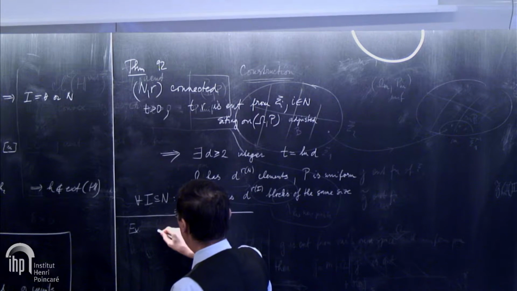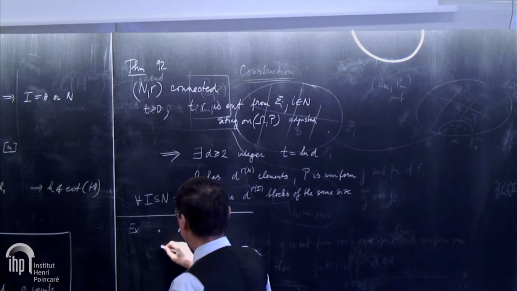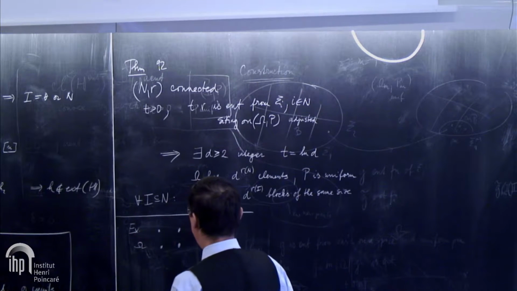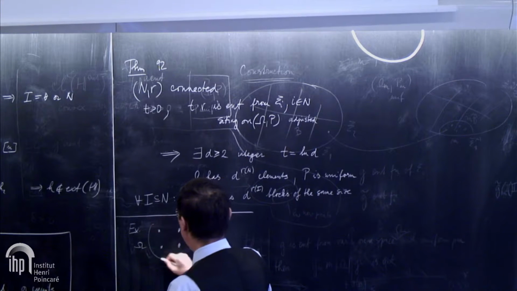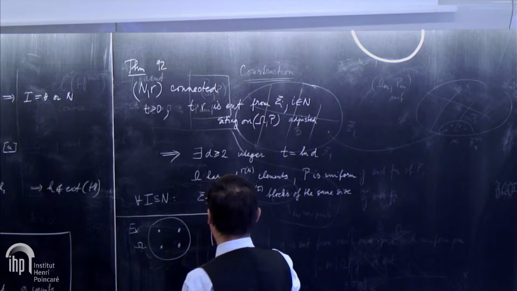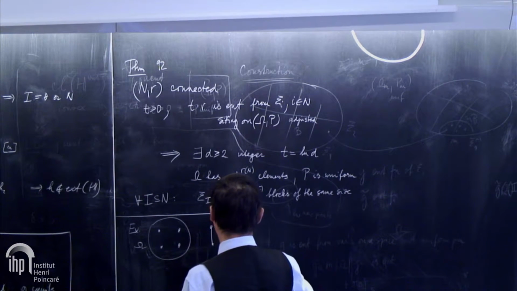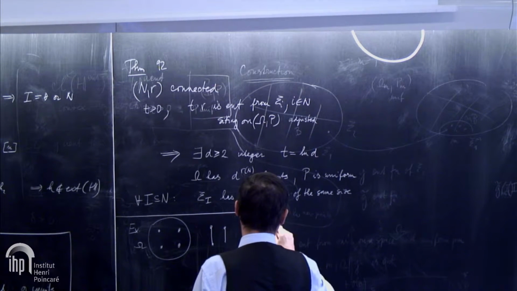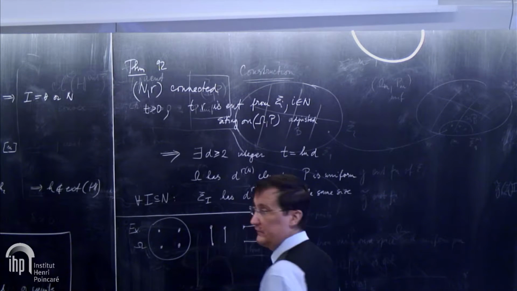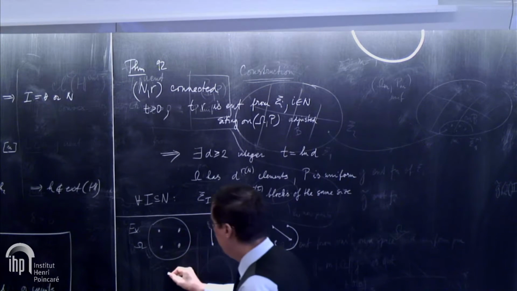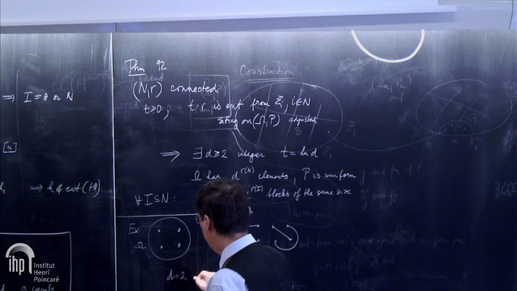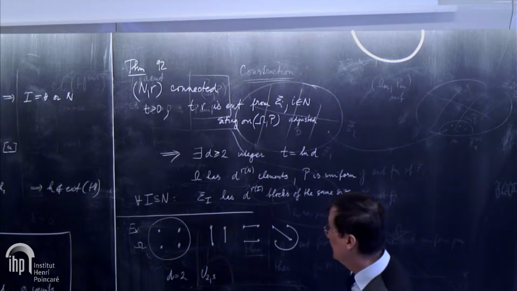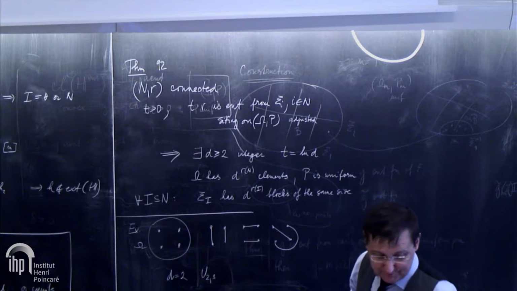So, an example. I take omega with 4 elements, and 3 partitions, 1, 2, and 3. These are 3 partitions. So D is 2, and the matroid is uniform on a 3-element set of rank 2. This is not a good example because it's linear.